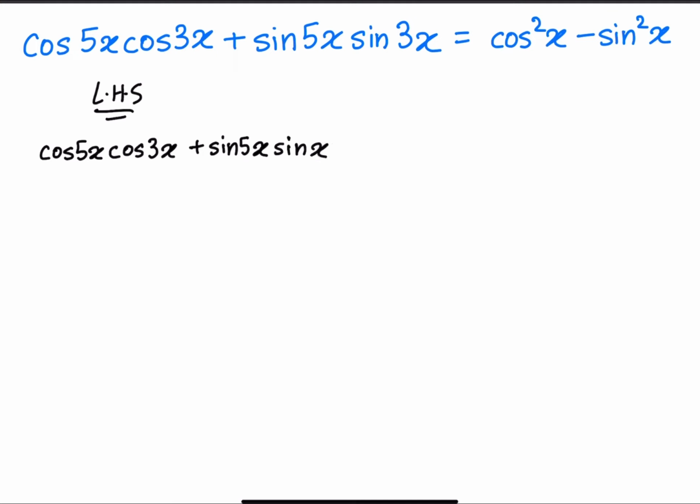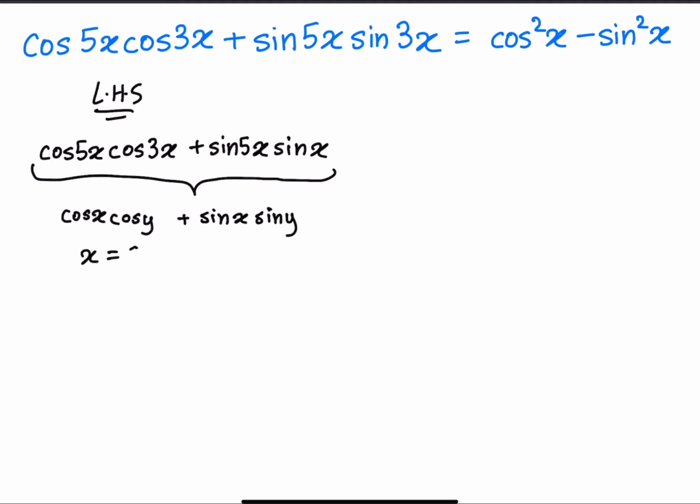Now, if you look at this closely, you can see that this is in the form cos x cos y plus sine x sine y, where x is equal to 5x and y is equal to 3x.